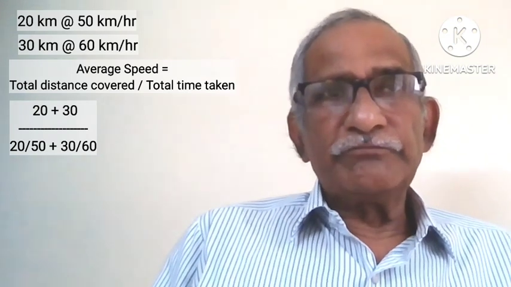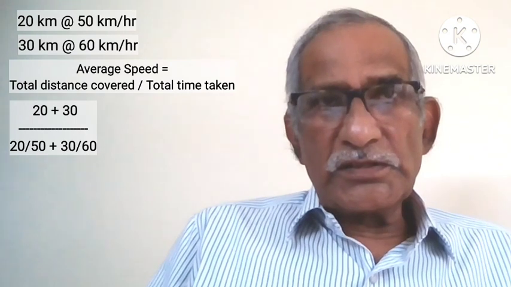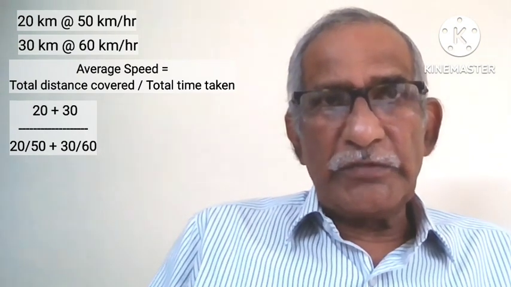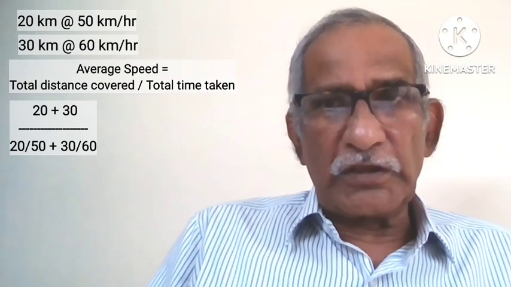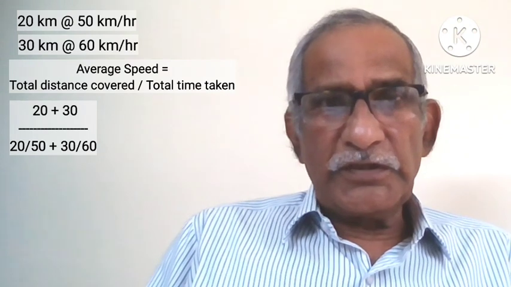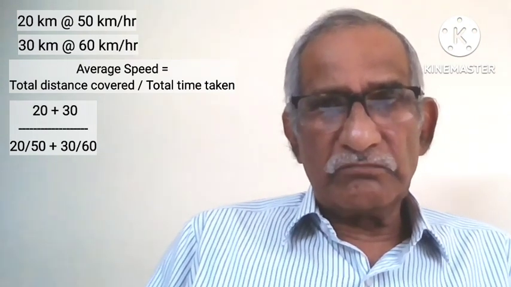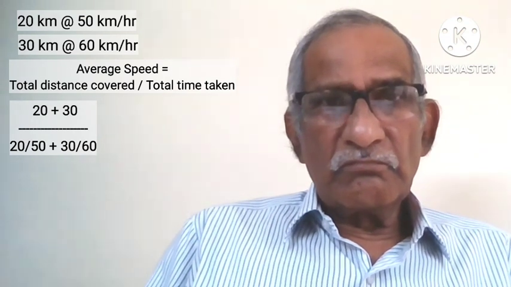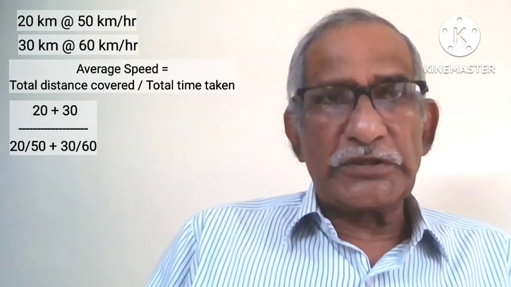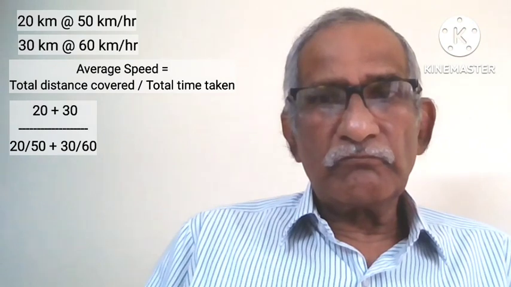20 by 50. This is the time taken to cover 20 kilometers at the speed of 50 kilometers per hour. So 20 by 50 plus 30 by 60. 30 by 60 is the time to cover 30 kilometers at the speed of 60 kilometers per hour.